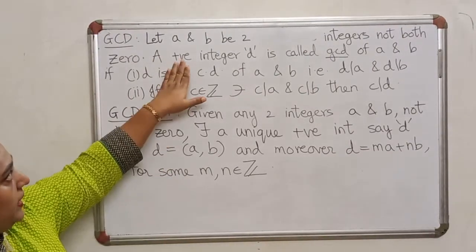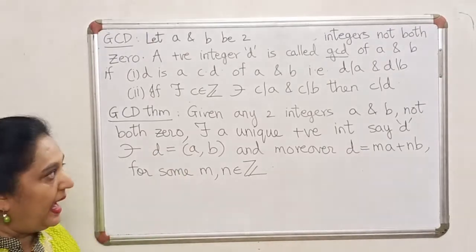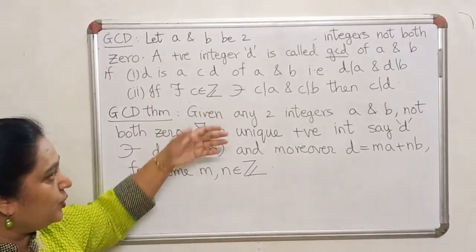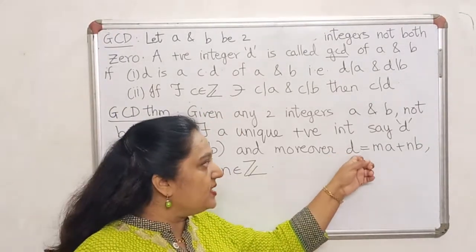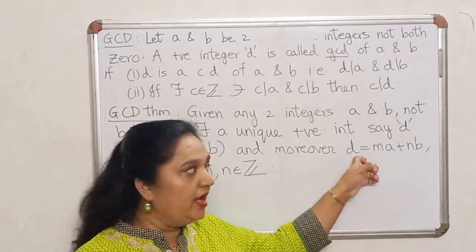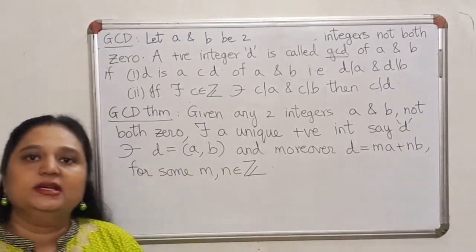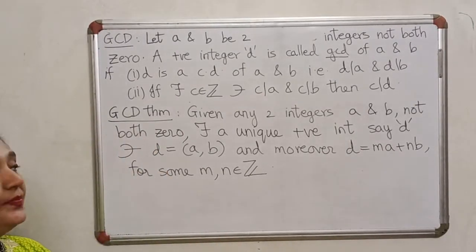But right now, if I take this as my definition, then GCD is going to be unique, and so it has answered the existence as well as the uniqueness part of the question. But it also says that I can express the GCD as some integer times the first number plus some integer times the second number. So this is GCD theorem for us.